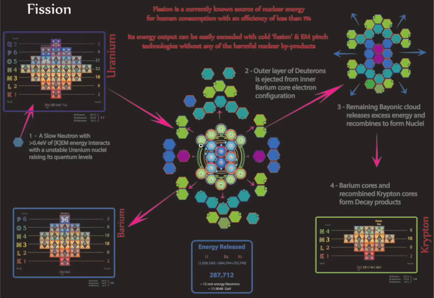That's why it's the core electron configuration. It's the central configuration of electrons where it's more tightly bound.